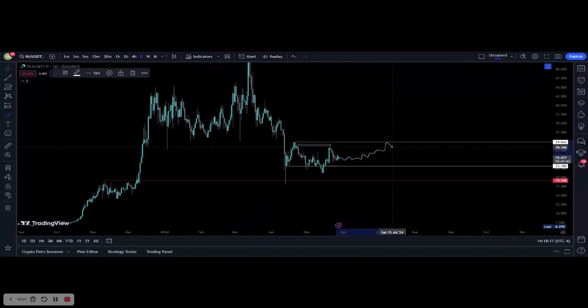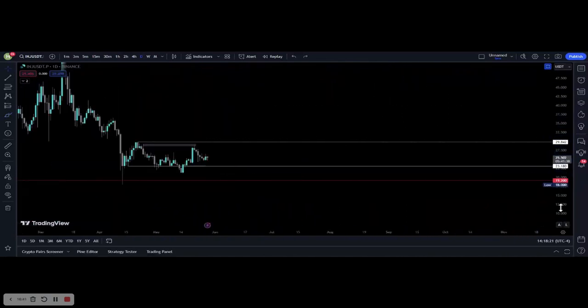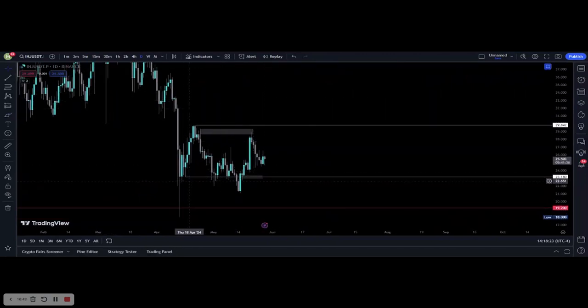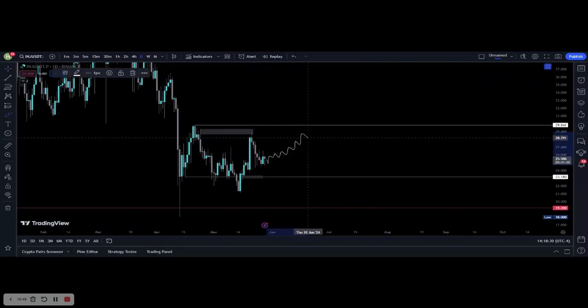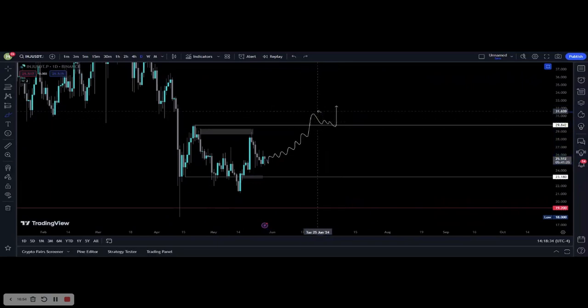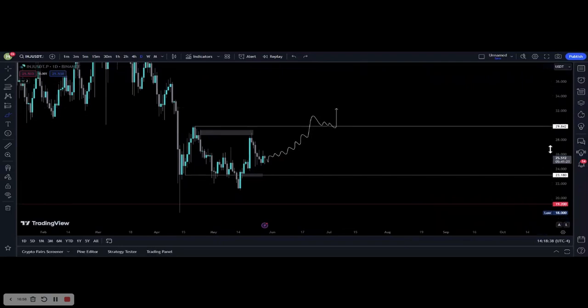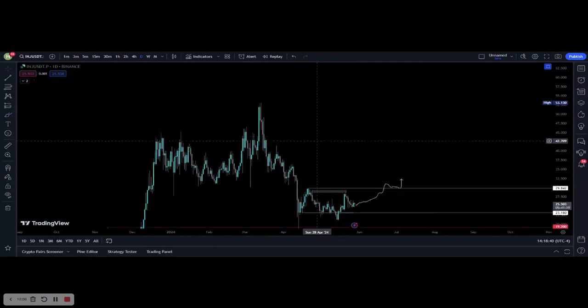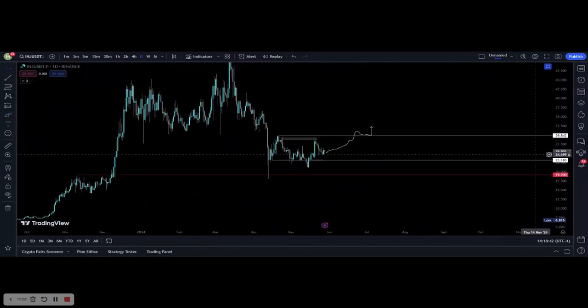They need to start consolidating, slow grind up, flip this 29 level, and then you can see a rally in INJ. So the high time frame suggests that INJ needs time, and slowly it is going to flip 29. After 29 is flipped, you can position yourself here when the move is like this, and you can ride the play towards the all-time highs that is going to be around 53.